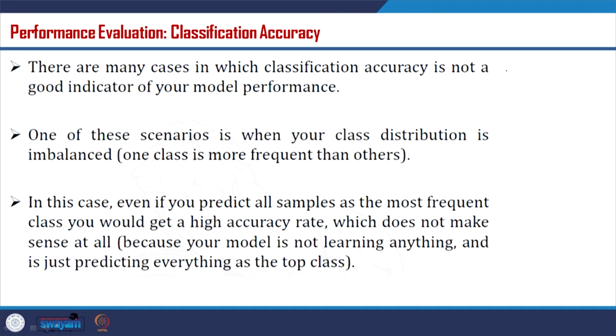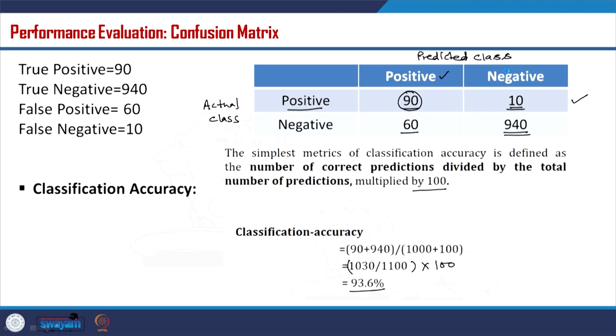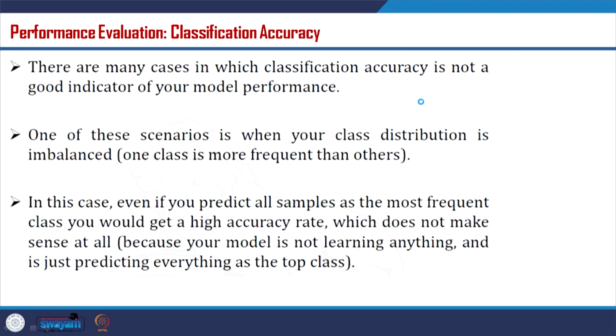So, for example, in the example we have seen here, suppose all the patterns are predicted into the negative class. What will happen in that case to the classification accuracy?